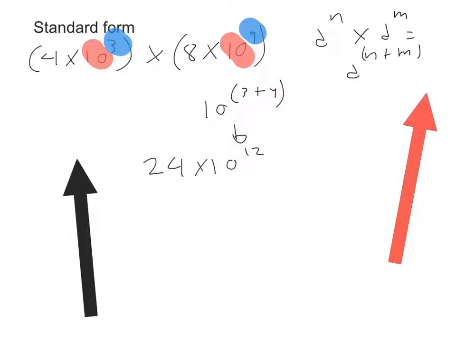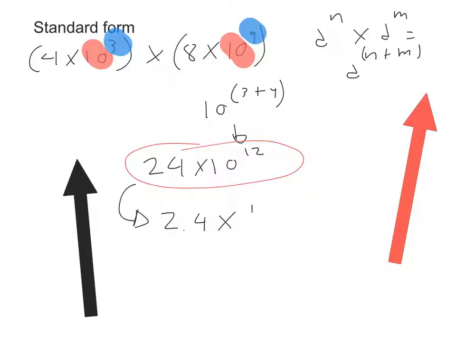Now, this is the solution, yes, absolutely, but remember that we have to write it in standard form. So we will convert this number, which is bigger than 10, so we cannot accept it, into 3.2. But if we reduce this by 10, we have to increase this by 10, so we compensate. So this would be 10 to the power of 13. This is how we do multiplication in standard form.